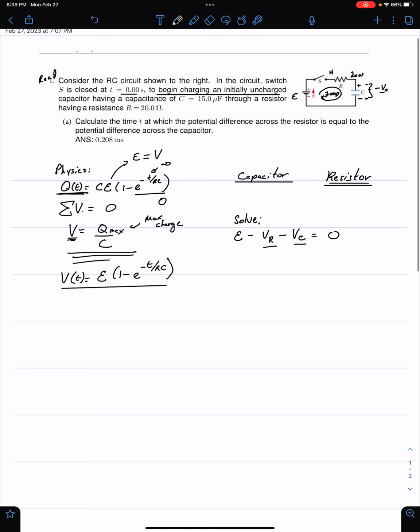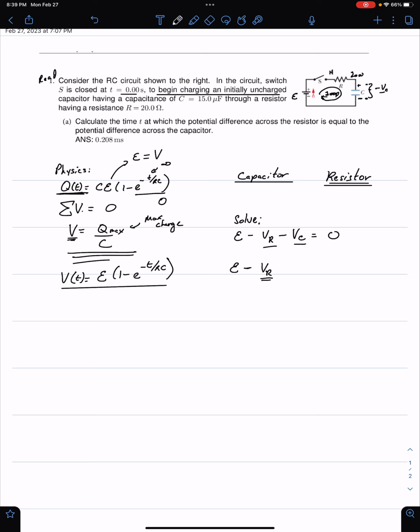Okay, so let us continue solving for this. So we have EMF minus voltage across the resistor, because what we're trying to do is solve for the voltage across the resistor when it is affected by the capacitor. The current is slowed down thanks to the capacitor.